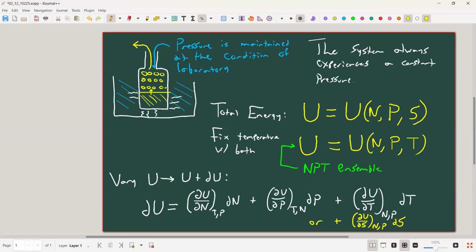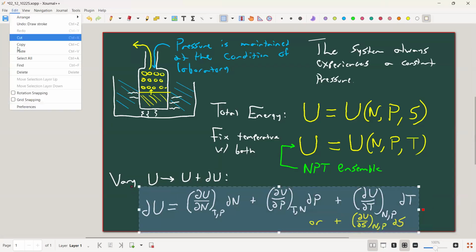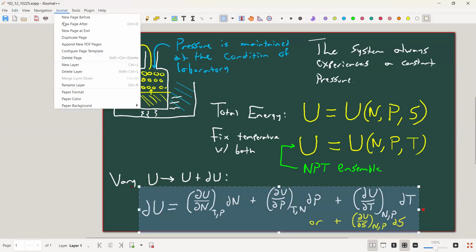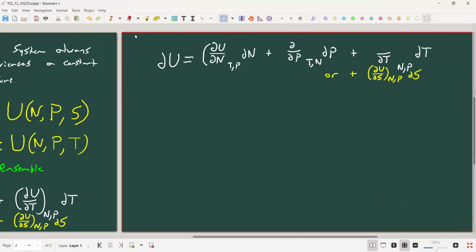I'm going to go ahead and copy this over to this page so we have some space. Didn't copy everything. Right, so what are these variables?